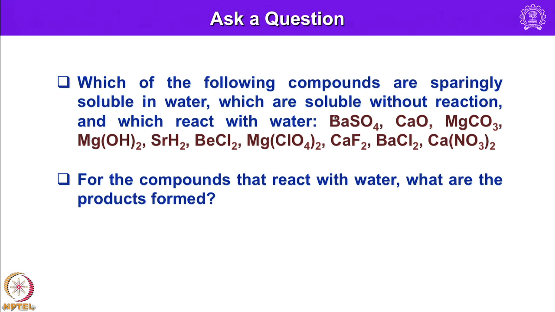Barium sulphate, calcium oxide, magnesium carbonate, magnesium hydroxide, strontium hydride, beryllium chloride, magnesium perchlorate, calcium fluoride, barium chloride and calcium nitrate. The next one is for the compounds that react with water, what are the products formed? If they are reacting with water, you have to write the product, that means, using a balanced chemical equation represent the interaction of those salts with water.